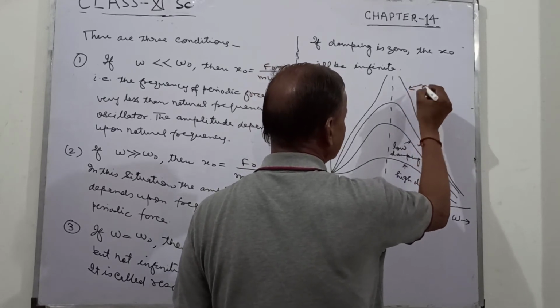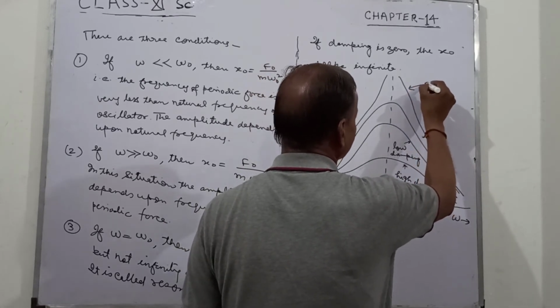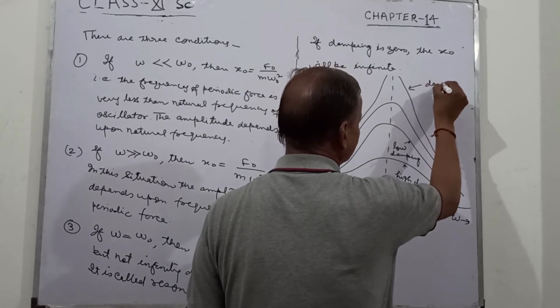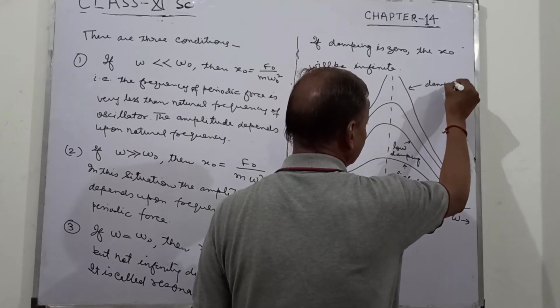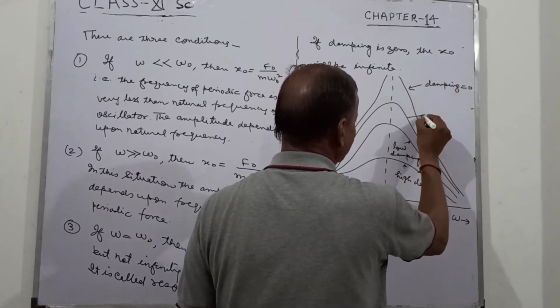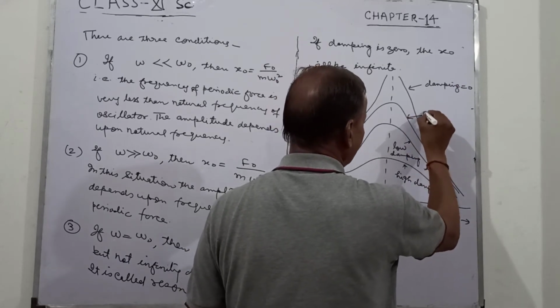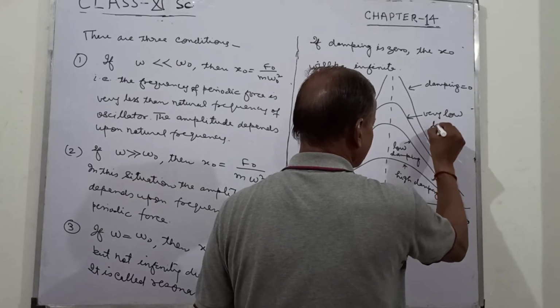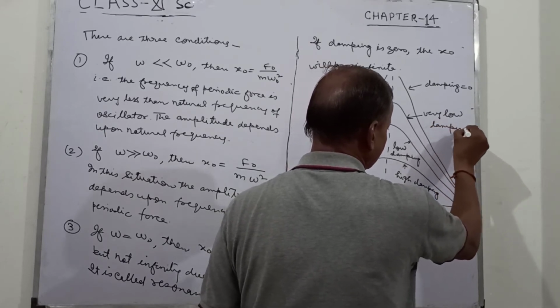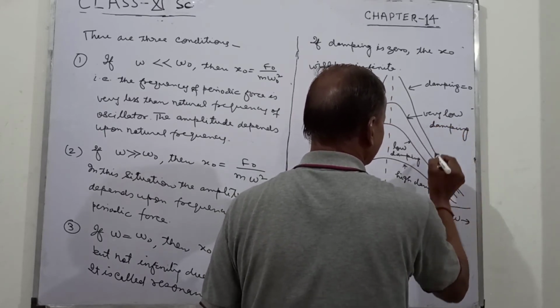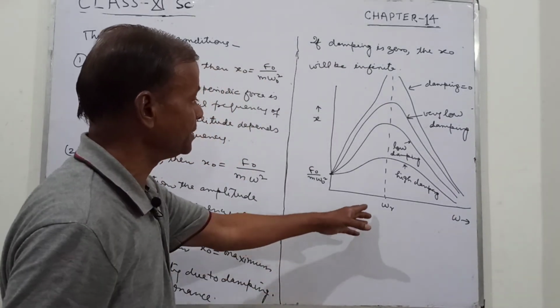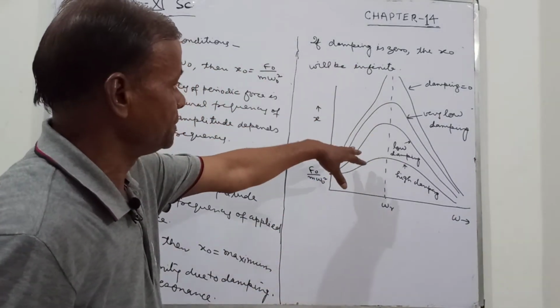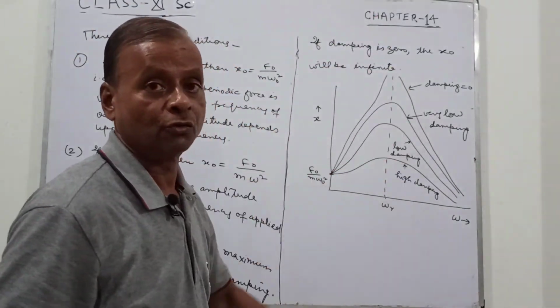This is damping equal to 0. So you can see that as the damping decreases, the peak of the curves goes up.